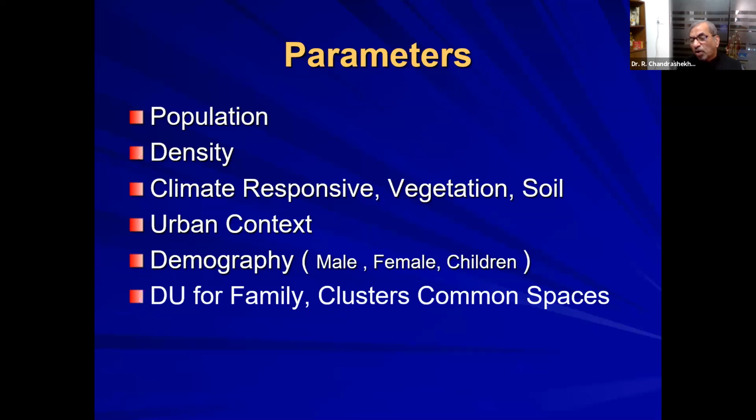So the cluster for common spaces, these people, they are more interested in self-cooking, maybe a common cooking kitchen is there, or then there is a washing area, they have to dry the clothes. You will find you have made a wonderful habitat, but outside you will find all along the fencing, all the clothes are drying. So you have to consider where these kinds of basics are addressed in your design.